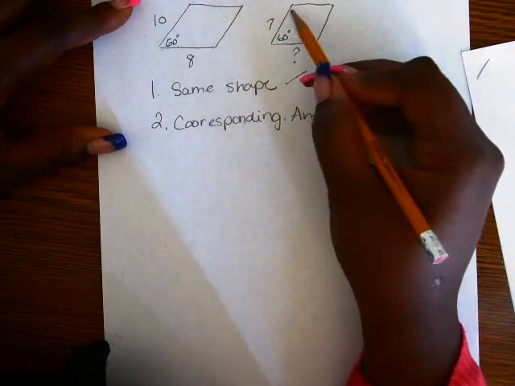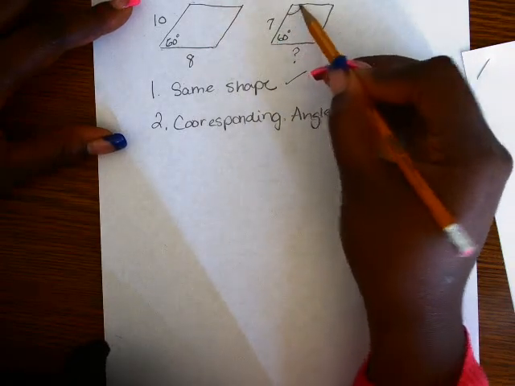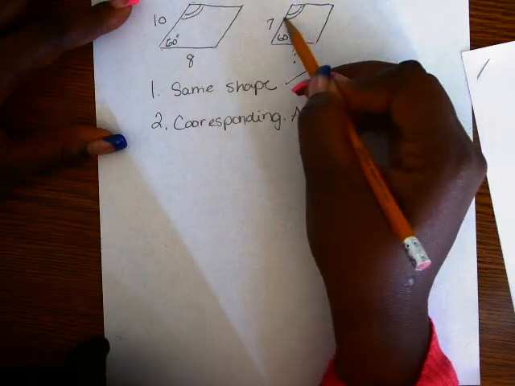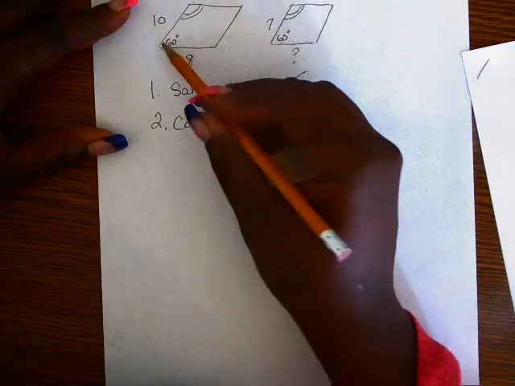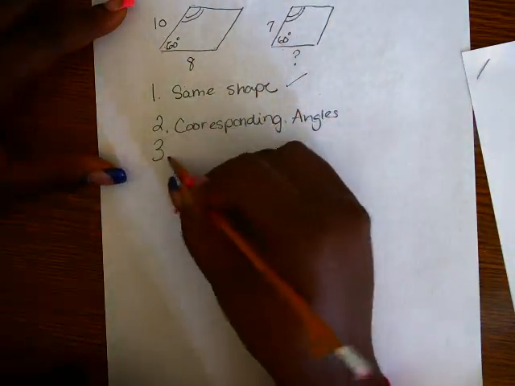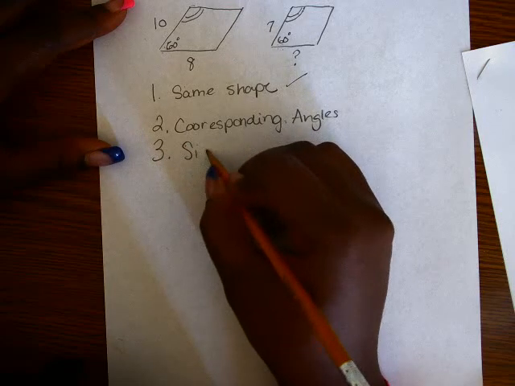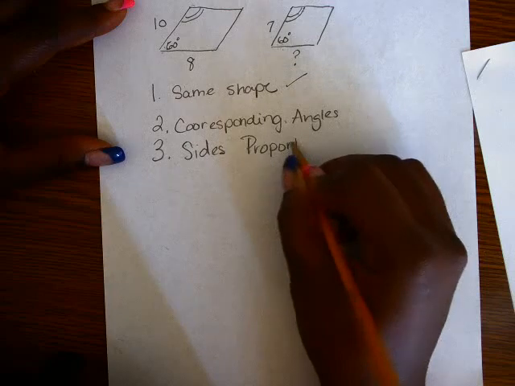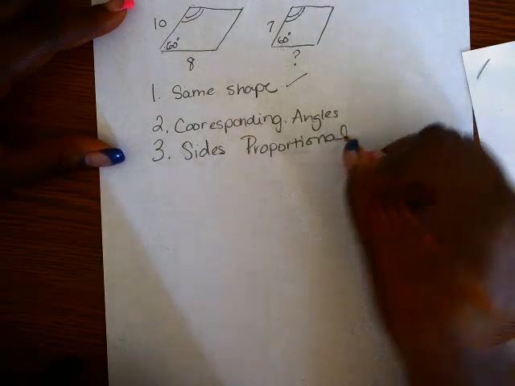So angles should be the same. This angle should equal this angle. That's what corresponding means: their angles should be the same measurement. Now the third rule means that sides should be proportional.